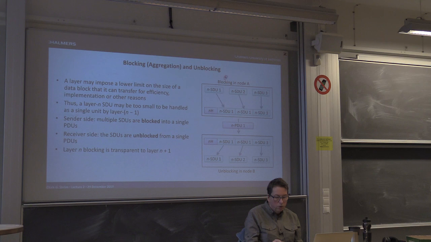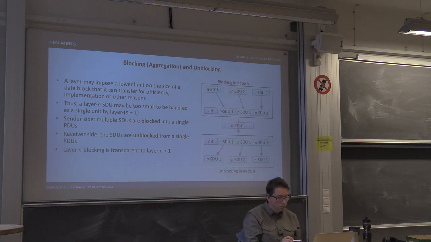So in node A, we take a number of service data units from above, and we put them into a single protocol data unit for transmission. At the receiving end, we take the protocol data unit and we split it into its individual service data units, which are then sent up individually to the layer above it.